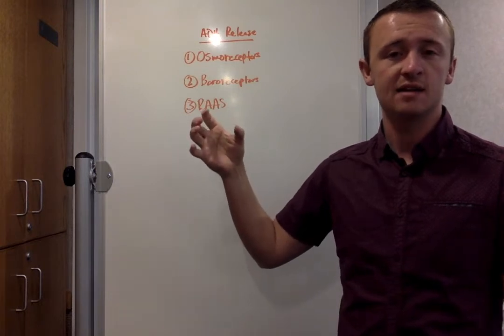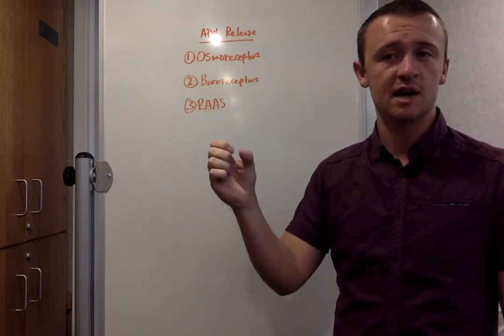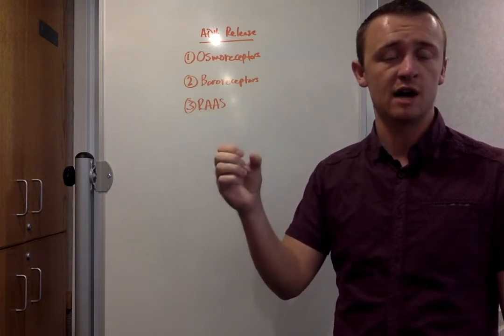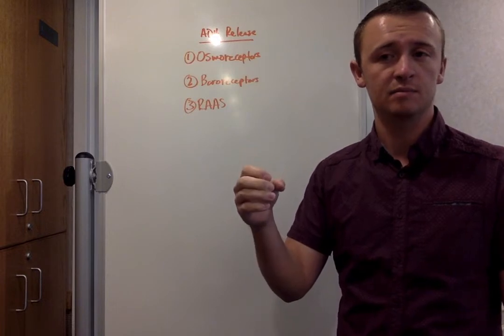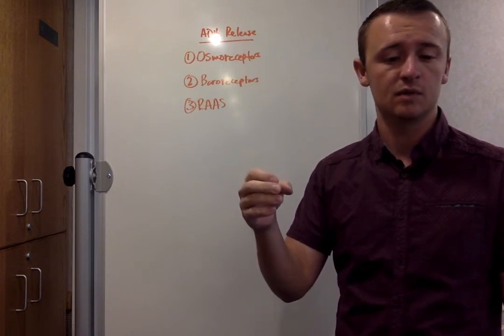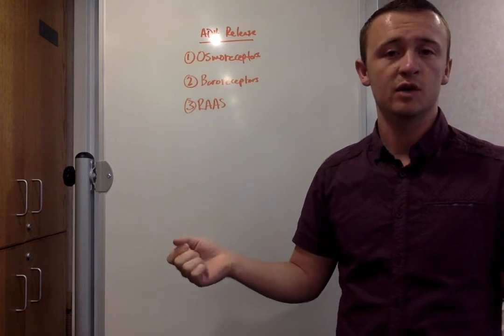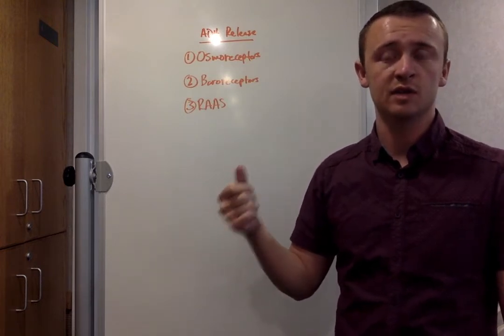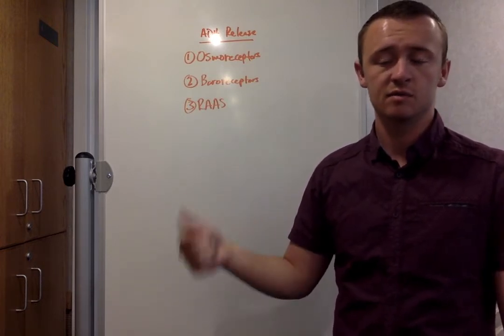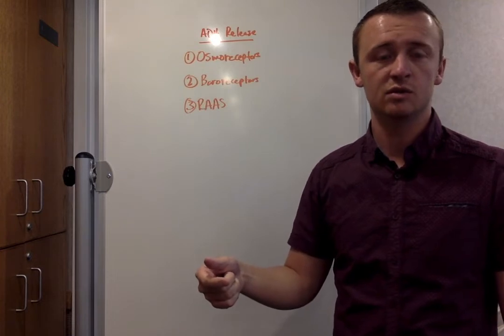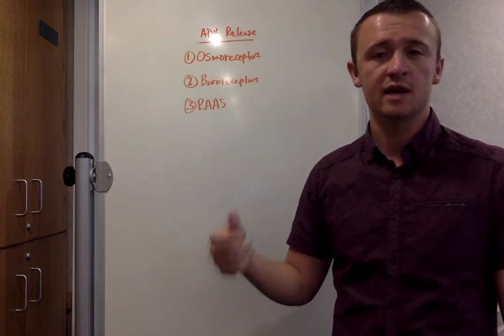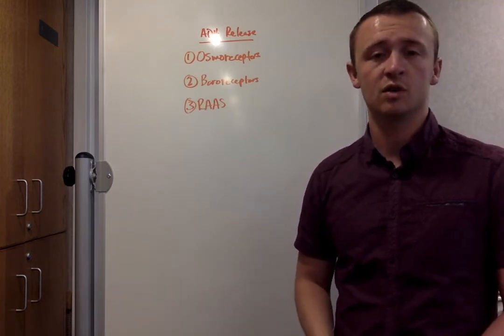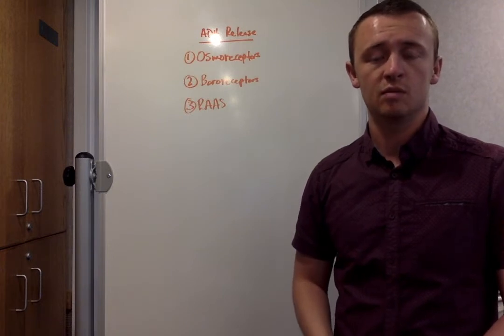If that osmoreceptor shrinks as the concentration becomes greater outside of the cell, or in the blood, then it'll signal to the hypothalamus that we need to release ADH, drop down into the pituitary gland, and we will release ADH in order to increase our blood pressure.